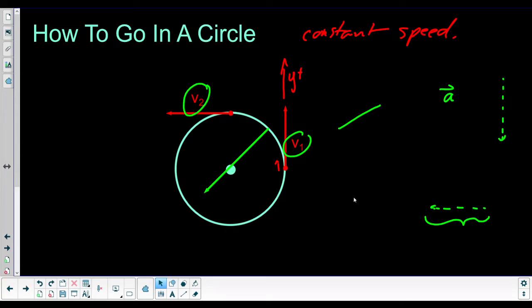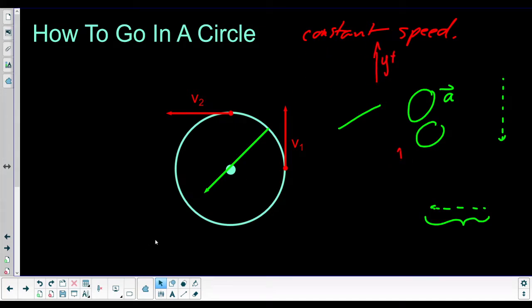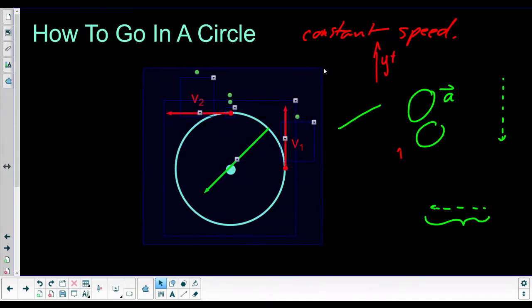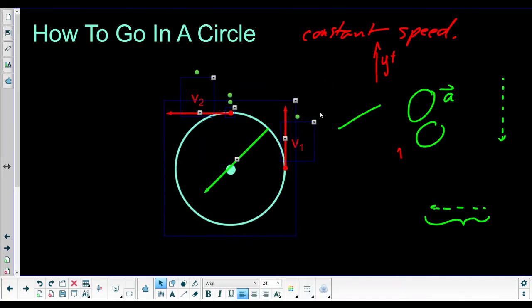Perfect. Okay. So if I were a little bit better artist, what you would start to notice is, let's actually do something fun here. Let's group all this stuff together. Get all this stuff out of the way. Okay. So we could do this for any two velocities on the circle, right?